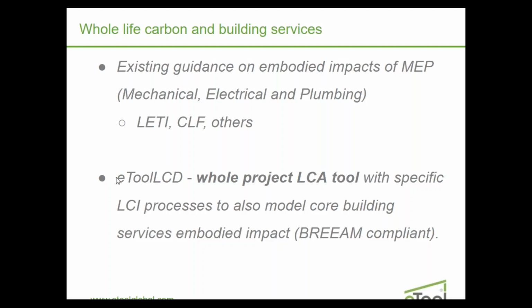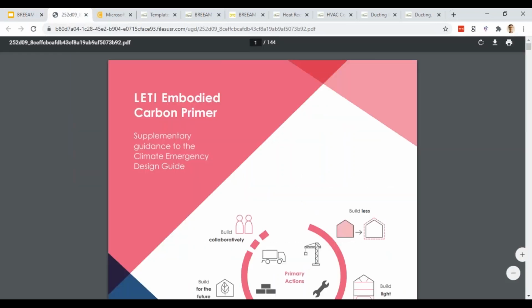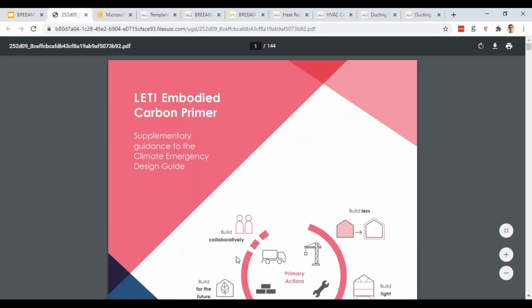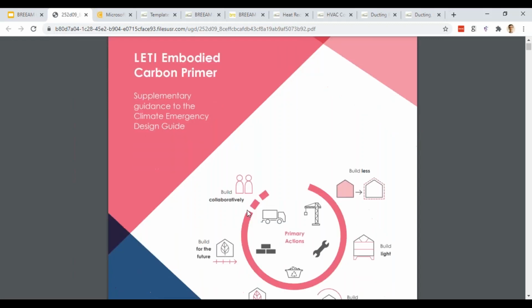I'm not going to go into too much detail, but I'm just going to take a moment to share with you the LETI embodied carbon primer, very comprehensive guidance on different areas for whole life carbon.